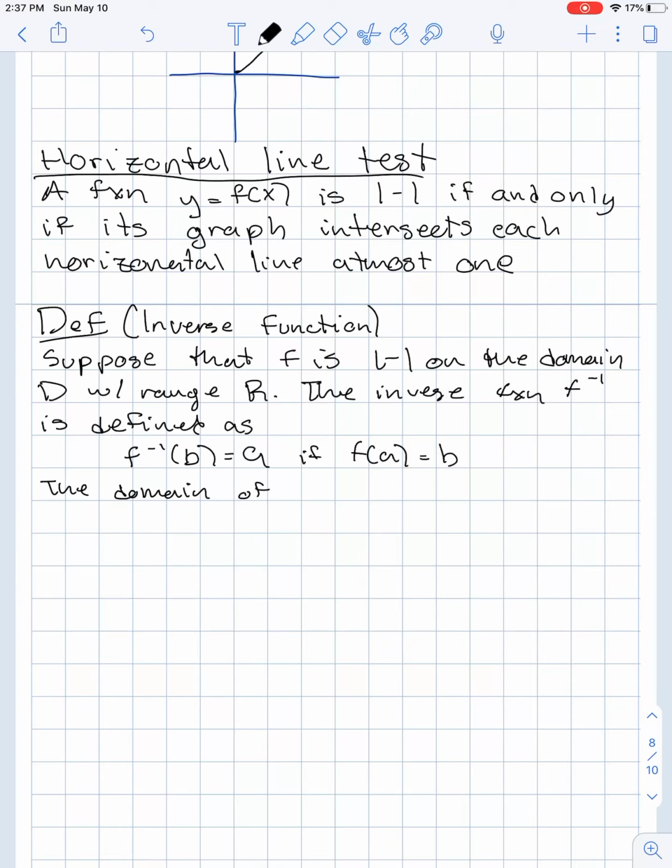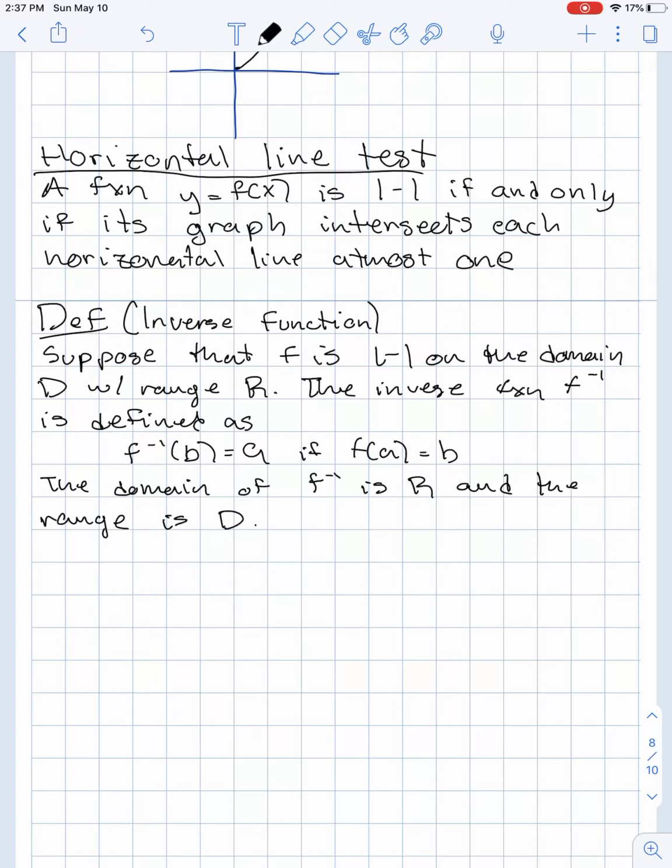So the domain of f inverse is R, and the range is D. So we flipped everything, basically. So cool.